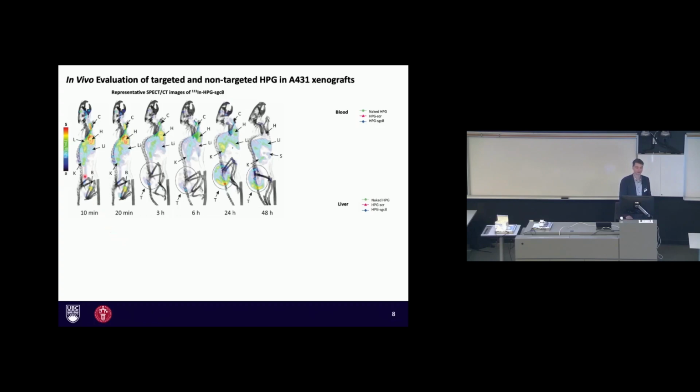After intravenous injection into A431 xenografts, we saw what we basically expected for a nanoparticle formulation: high activity in the blood pool, even visible in the carotid artery here. Then with increasing time, we see increasing uptake into the liver, the terminal fate of most nanoparticles. We're also very happy to see quite decent tumor uptake here.